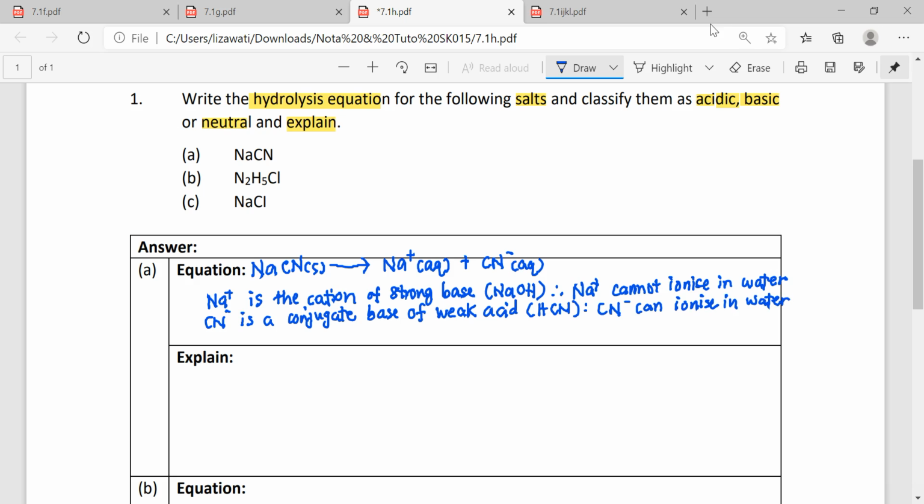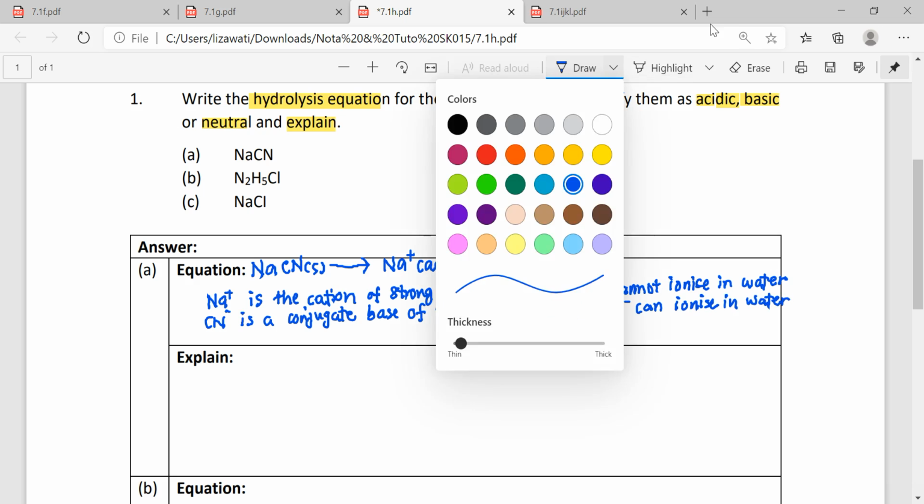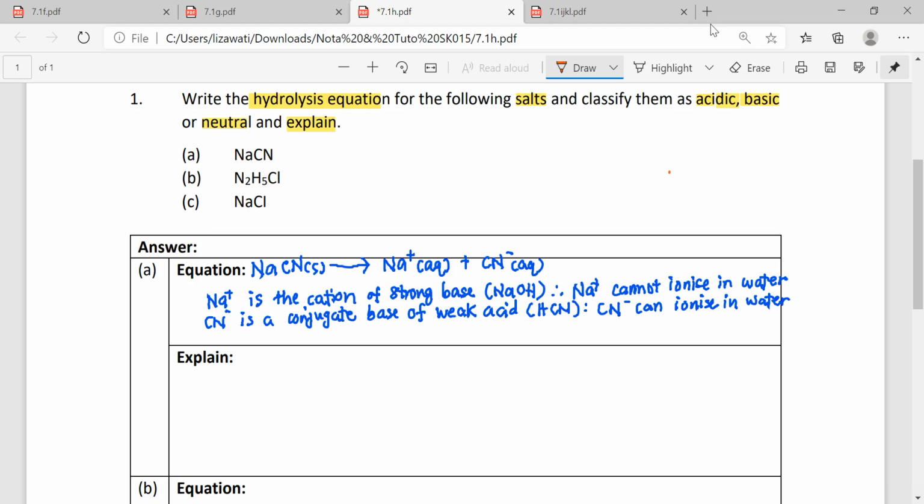For the next step, we only write the equation for the ionization of CN- in water. CN- is aqueous, ionized in water, and water is liquid. Because it came from a weak acid, the ionization is partial. Remember, since CN- is a conjugate base, it can accept a proton from H2O.